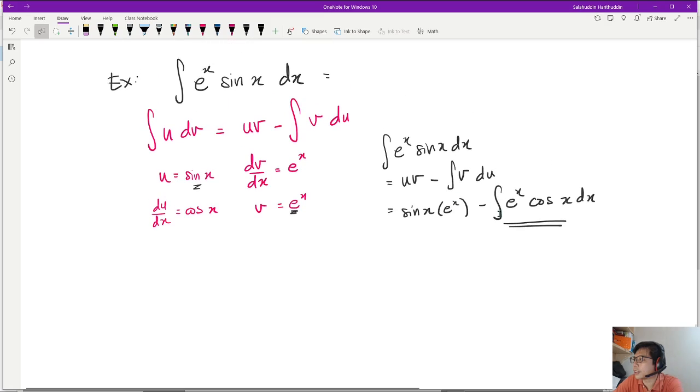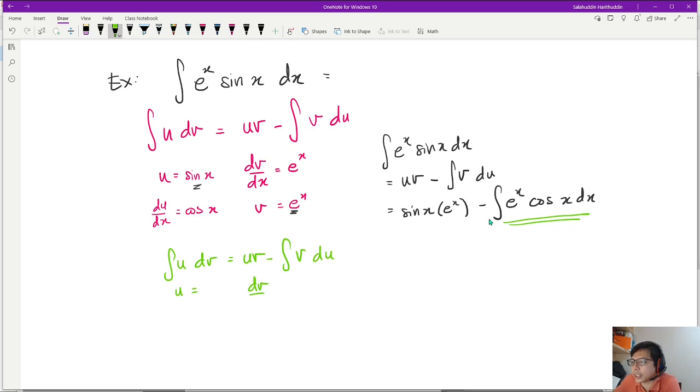So now it becomes messy like before. Okay, so now you need to take care of this. So how do we take care of that? Again, you need to use this integration by parts, integral of u dv equals uv minus integral of v du. We need to decide the u in this case and the dv dx in this case.